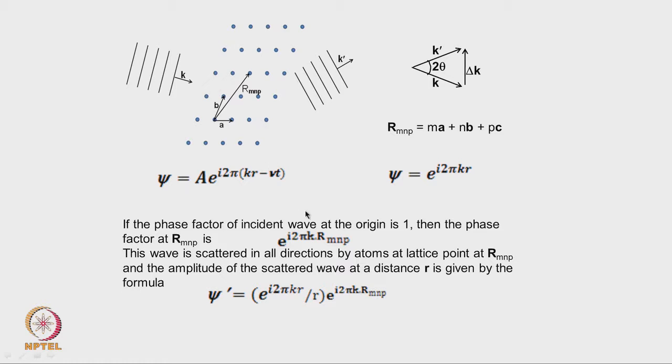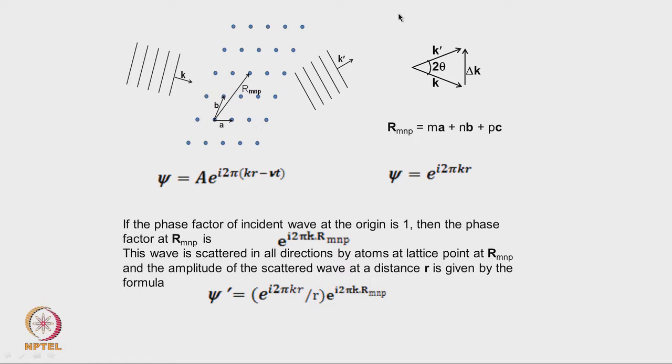That is given by k dot Rmnp. So, that means this much phase will also be added to the incident wave, right. And this is essentially the amplitude which it will finally have of a wave which is scattered from here at a particular point.